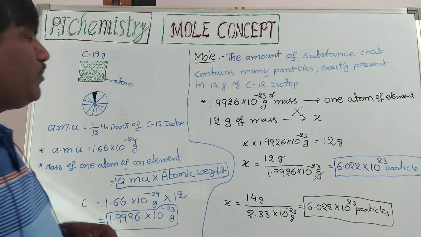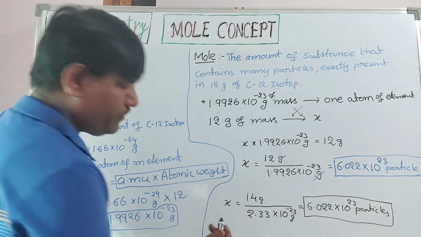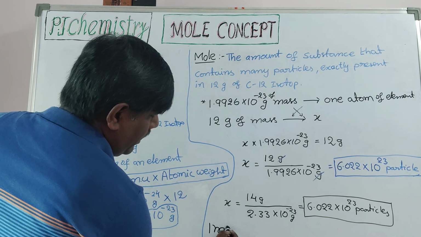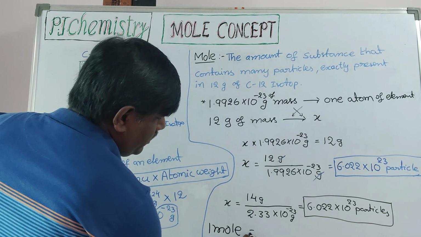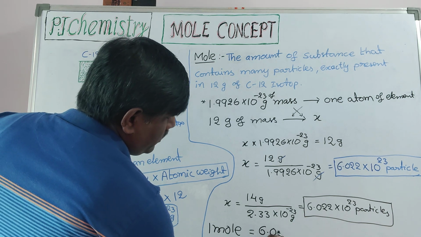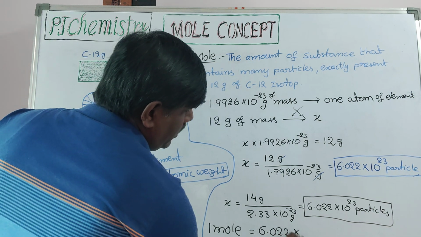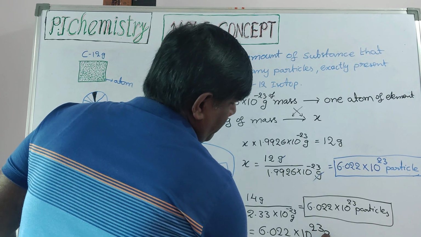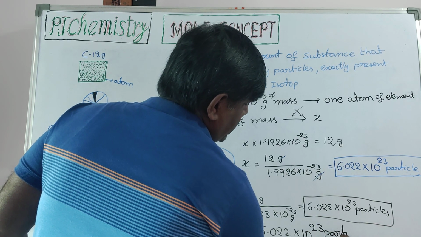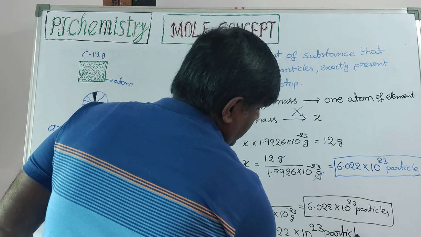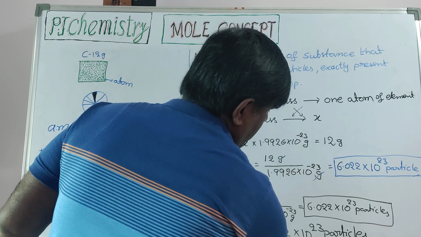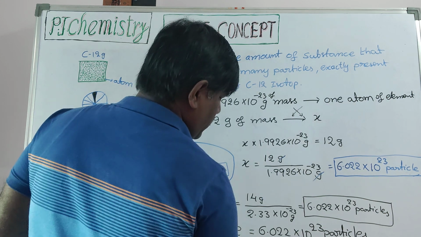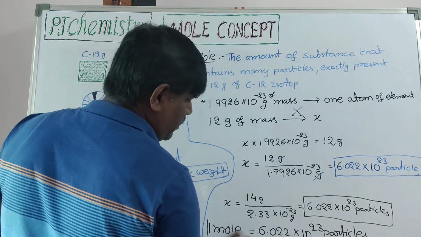So 1 mole is equal to how much? 1 mole is equal to 6.022 into 10 to the power of 23 particles. Particles means atoms or ions or electrons or protons or neutrons or molecules, whatever you can consider as per the question.